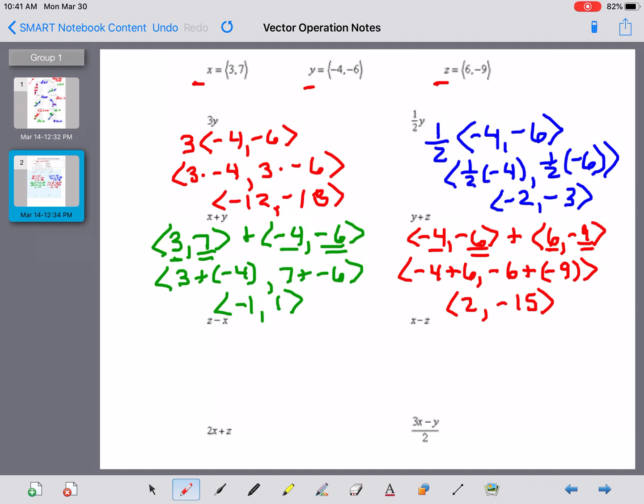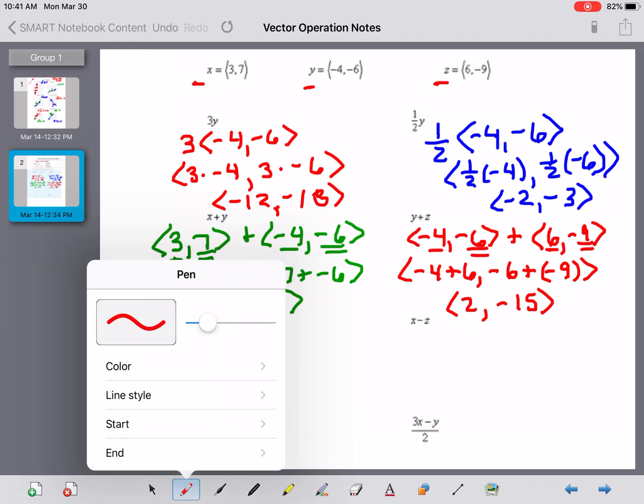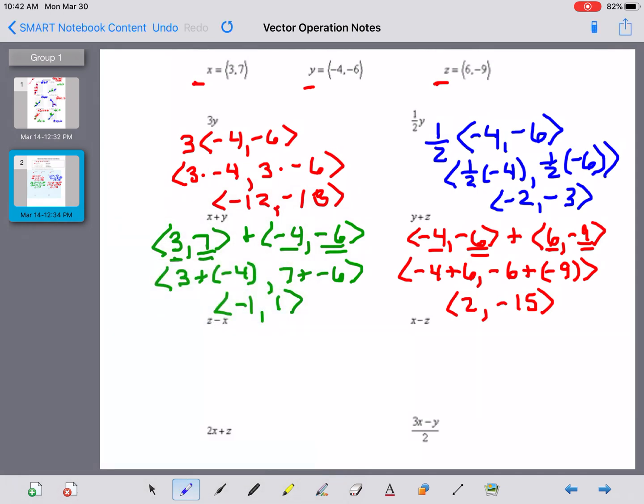All right, moving on to some subtraction. Now, addition, I didn't say anything about the order, but subtraction, it's super important that you keep your order the same. So on my first one, I have z minus x. So z is 6, -9, and I'm going to subtract x, which is 3, 7. So just like with addition, I'm going to take those two horizontal components first.